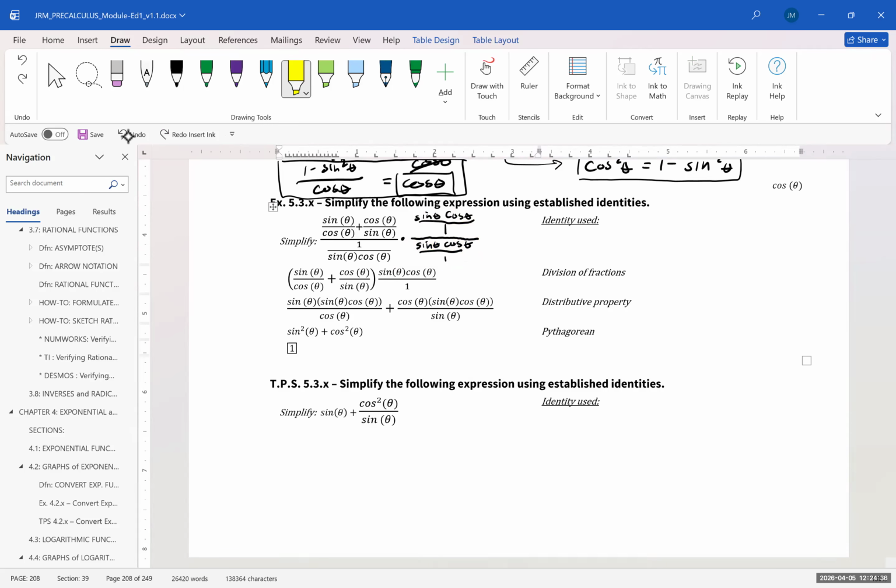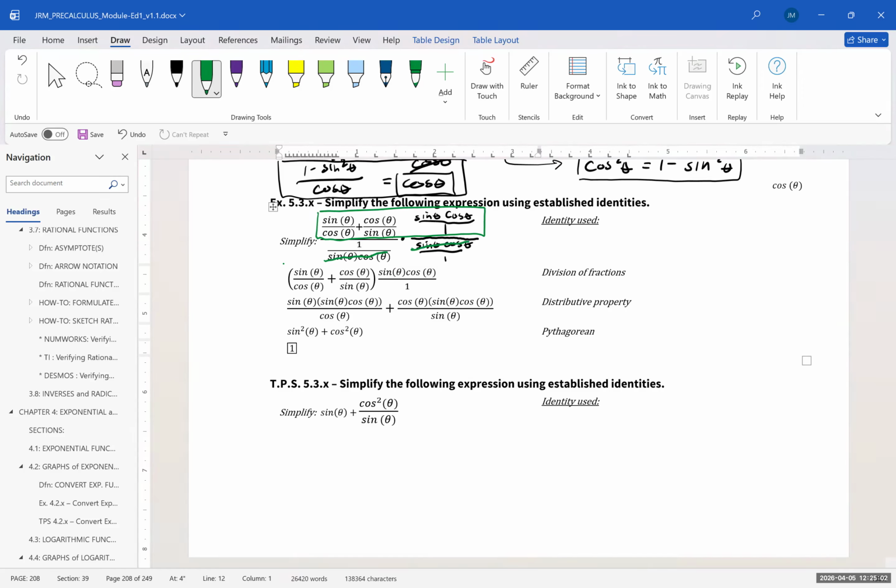So I'm kind of multiplying my original messy expression by 1. So that's an algebraic trick I can use. Well, the sine cosine theta here cancels with the sine cosine theta there. And so this is all that I'm left with.